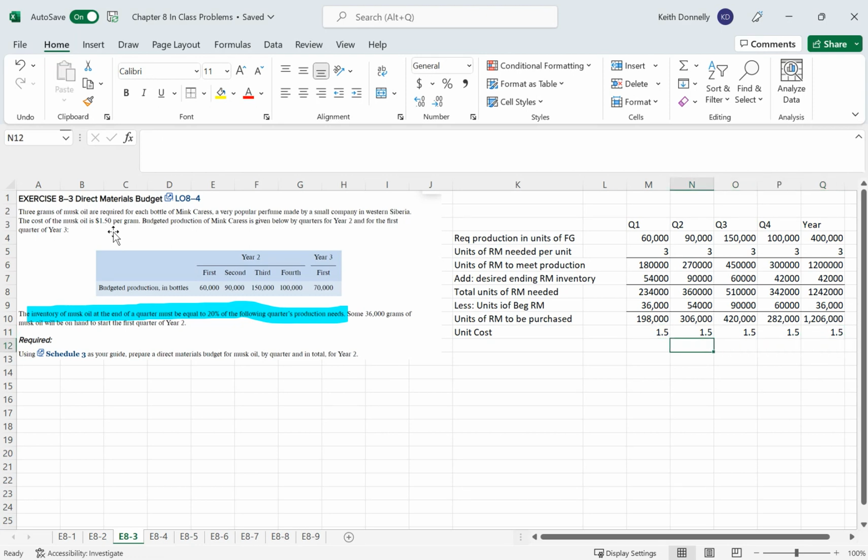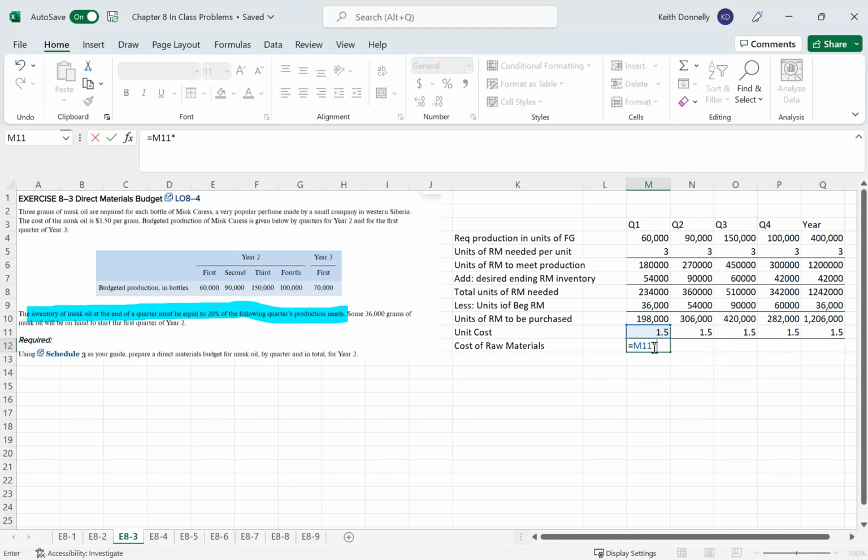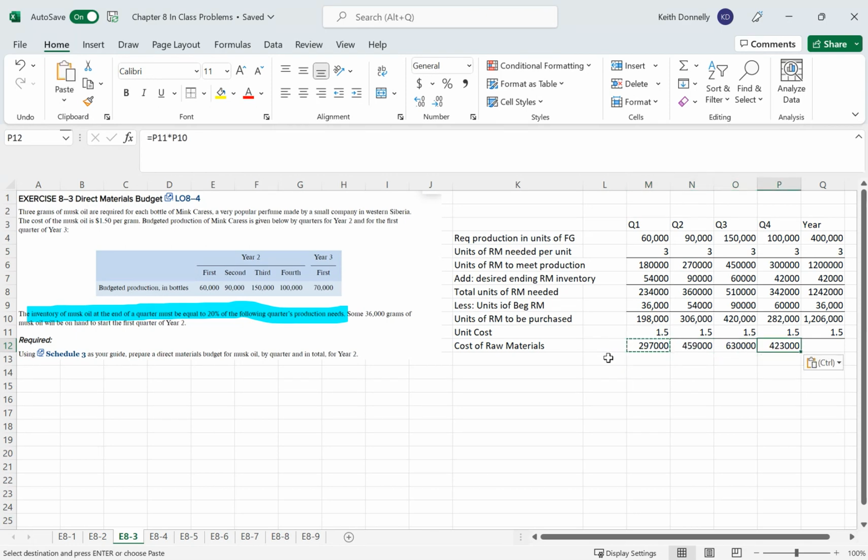So that's going to give us our cost of raw materials. We're looking at 297, 459, 630, 423, 1,809,000.